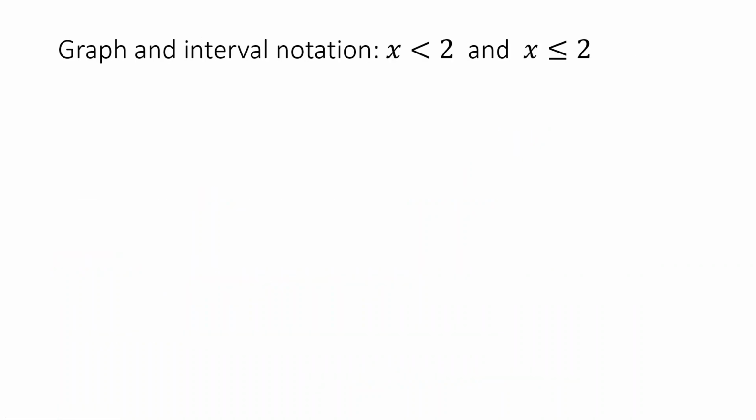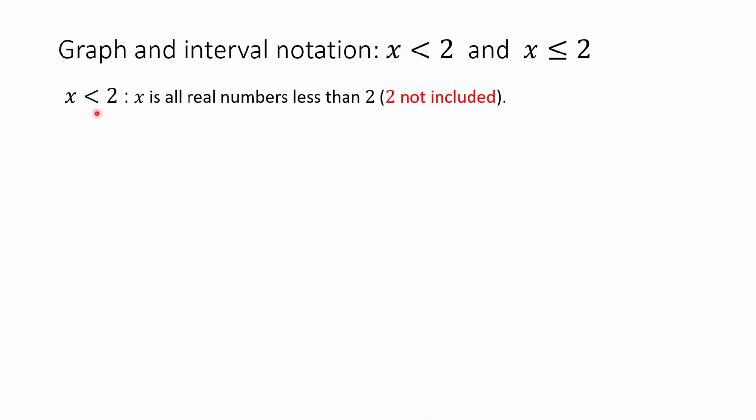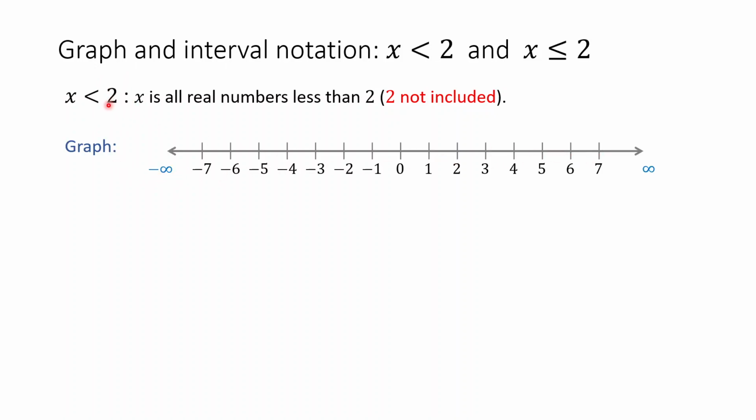Let us draw the graphs of these inequalities. First take this one, x less than 2. We are going to draw the graph of this inequality on the number line. You have 2 here, so go to the number 2 and put an open circle because this 2 is not included. Now you have less than 2.